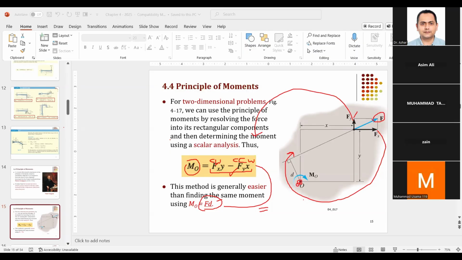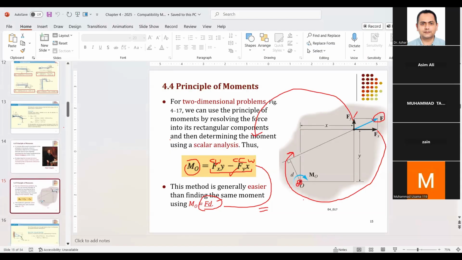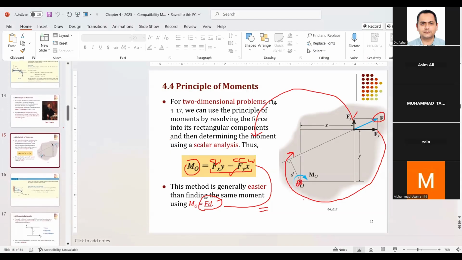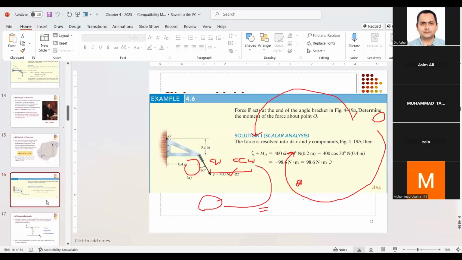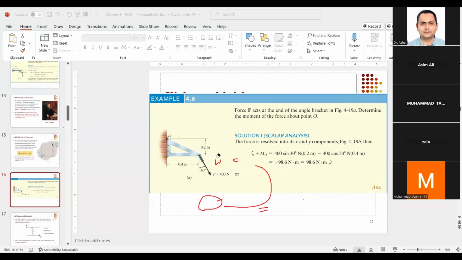If I move forward, just one more slide and then we will close the class. This example is about Varignon's theorem, the moment of the force and the moment of the components of that force, that we shall explain here.